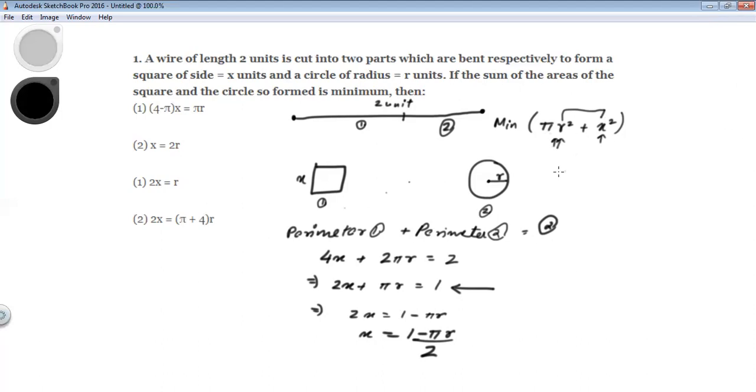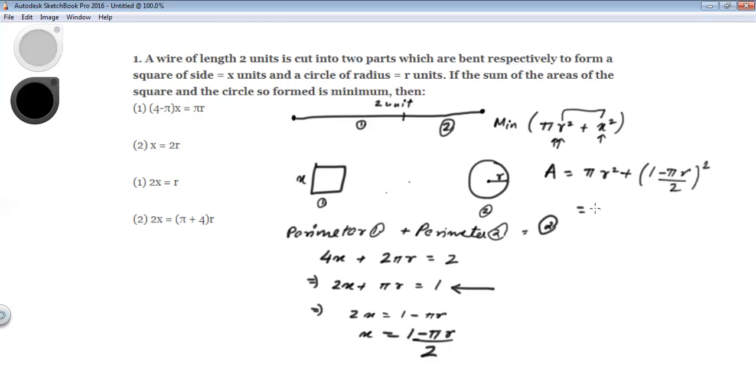So our total area of both the figures will convert to pi times r square plus x, we have got (1 minus pi r) by 2, whole square.